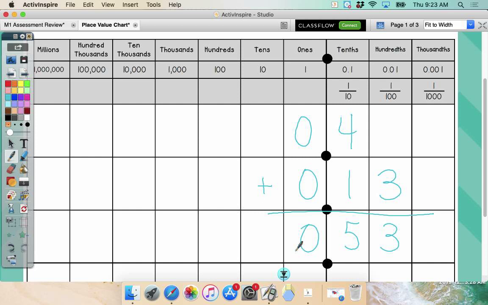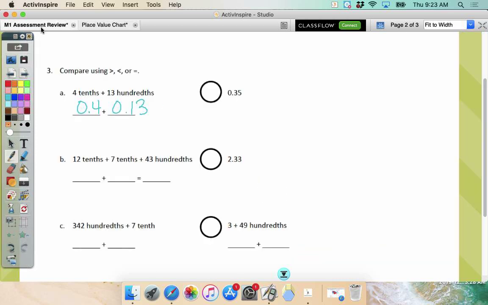What'd you get? 53 hundredths, right? Okay, so I'm going to go ahead and put 53 hundredths right here. Which one's larger, class? 53 is larger than 35, isn't it? Okay, so that's how we're going to go through these.